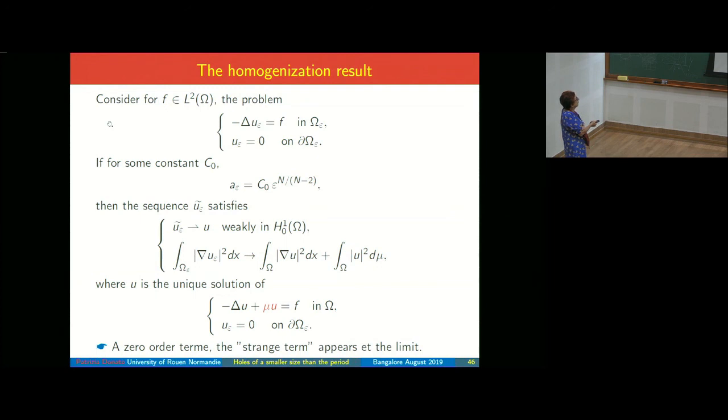Okay, the mu is simply mu dx here, where u is the unique solution of minus delta u plus mu u equals f. Okay, this is in Omega, sorry, also.